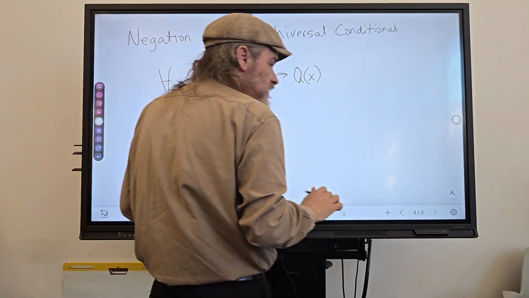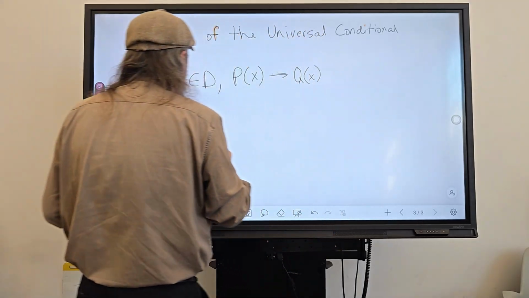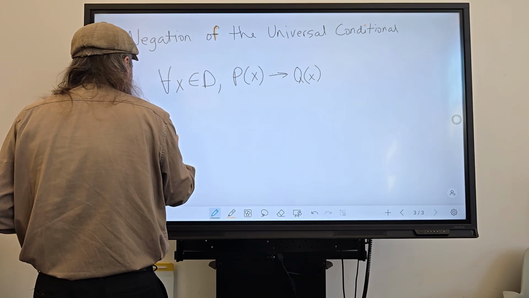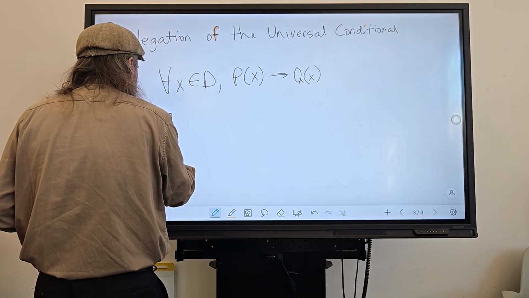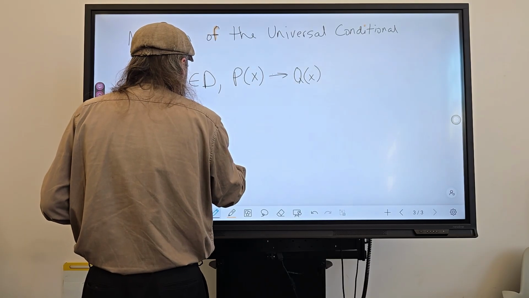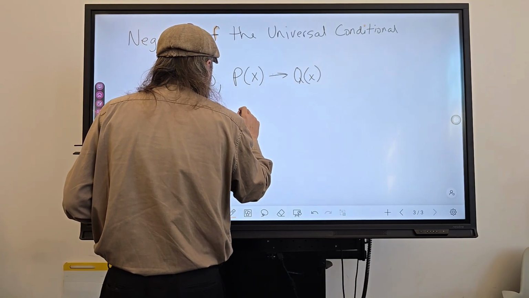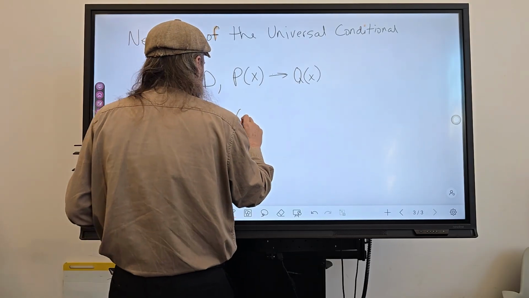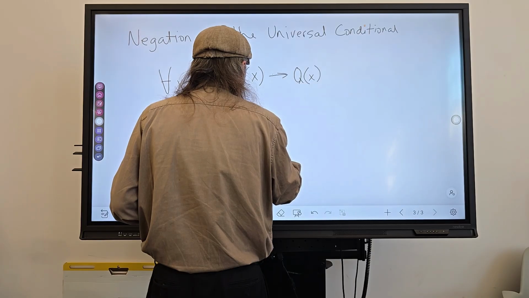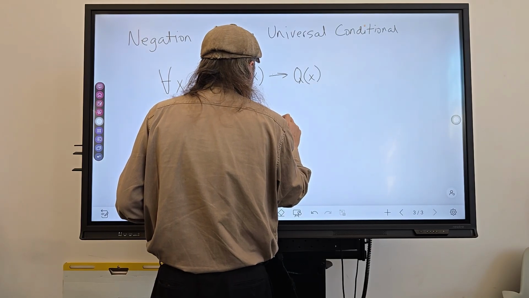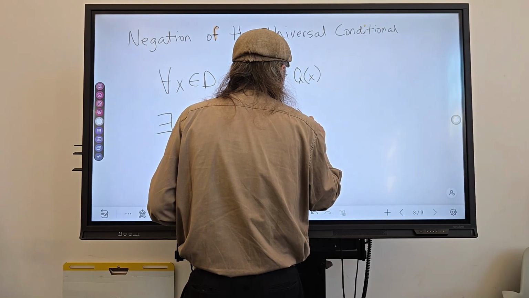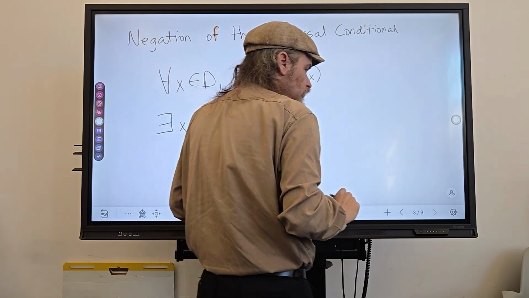To negate that, you would have there exists an x in D such that if P then Q of x is not true.